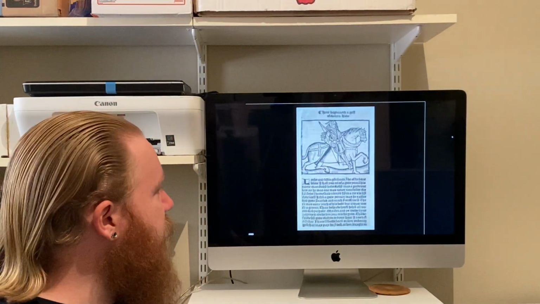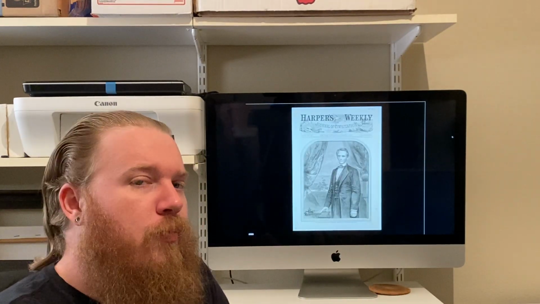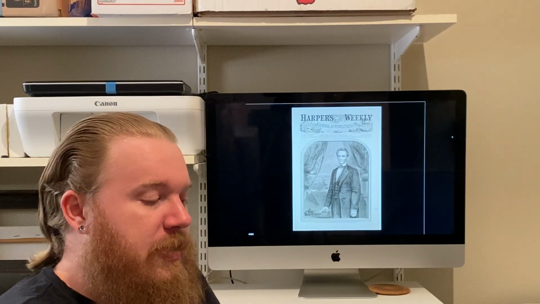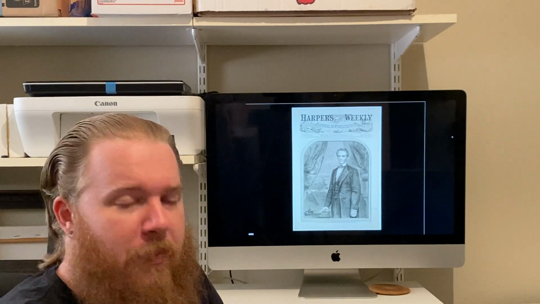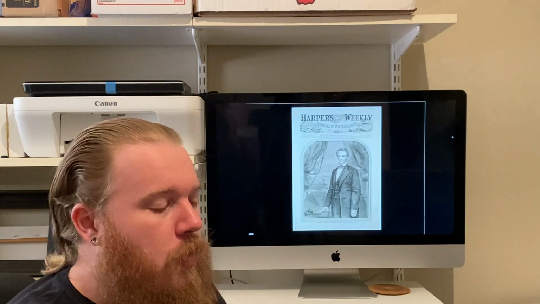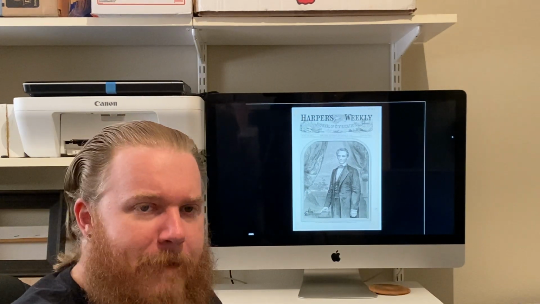But what I find interesting is that printmaking was basically the only way to recreate imagery for many, many centuries. So even up until the middle of the 20th century, printmaking was the only way to recreate things like photographs or other things like that in a different material or in a different medium.